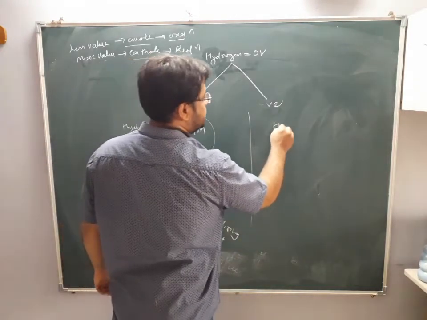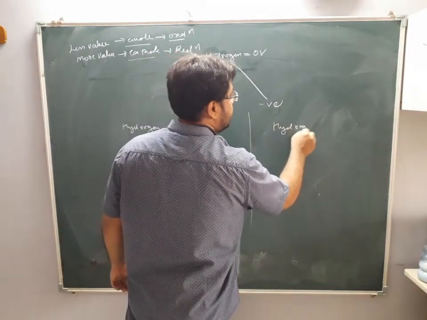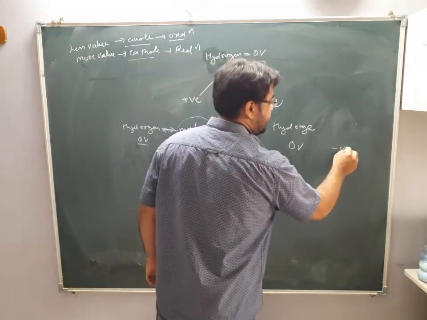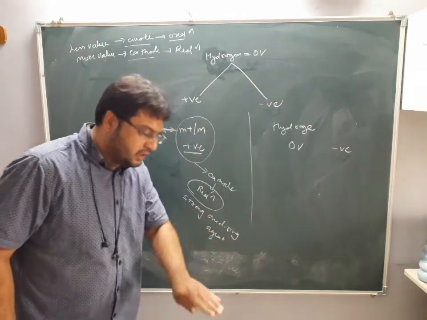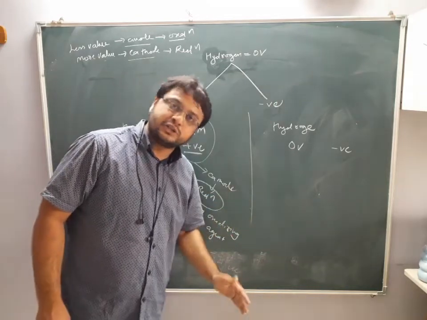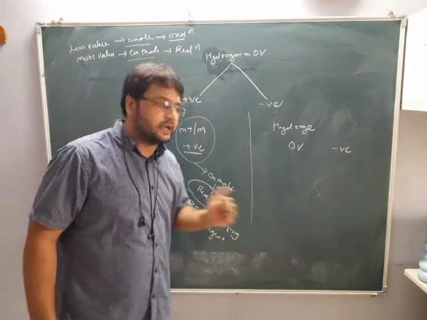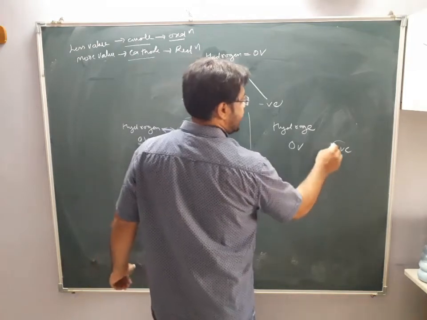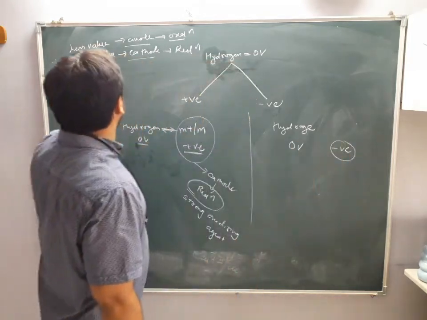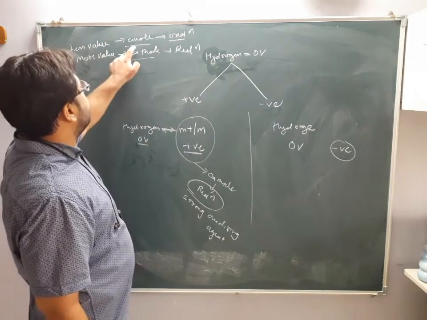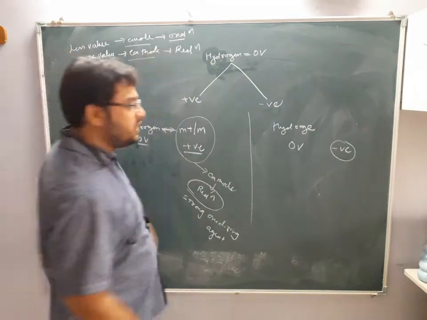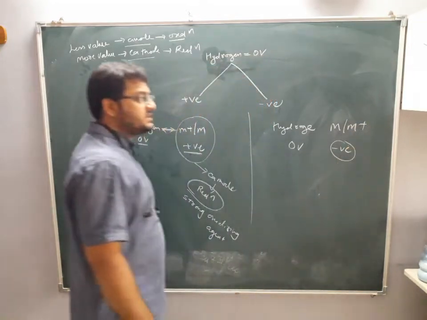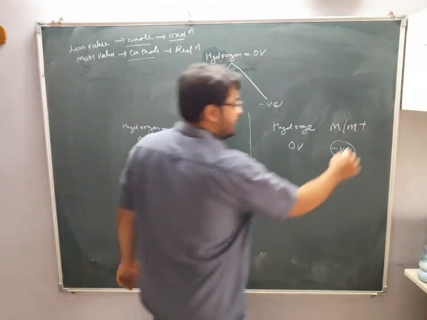Next portion. Again I take hydrogen as 0 volt, and after hydrogen there are certain electrodes with negative values. Who is less of these two? The negative one. Less value means anode, and anode means oxidation. So the metal undergoes oxidation, M forming M plus N suppose.